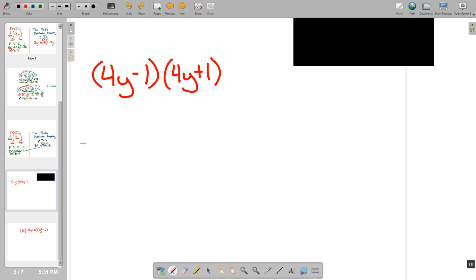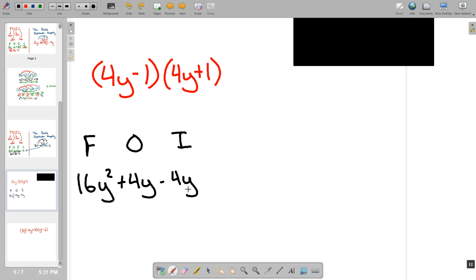So foiling, the first term is 4y times 4y, which would be 16y squared. The O, or outside, would be 4y times positive 1, which is positive 4y. The inside term will be negative 1 times 4y, which is negative 4y.